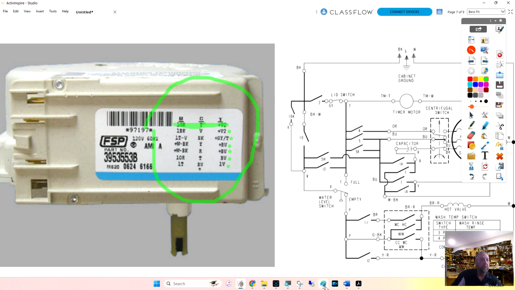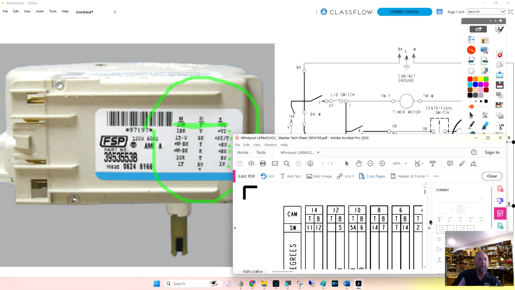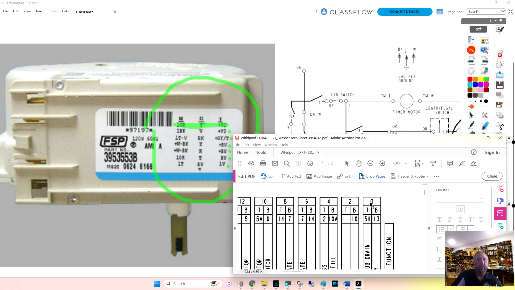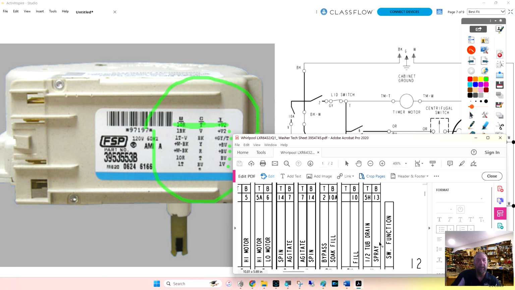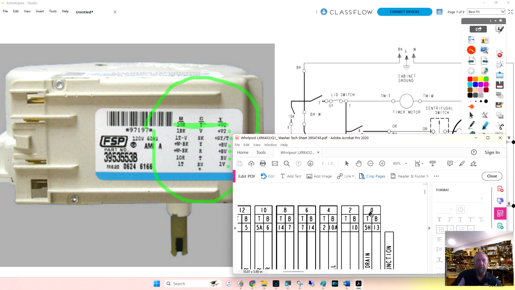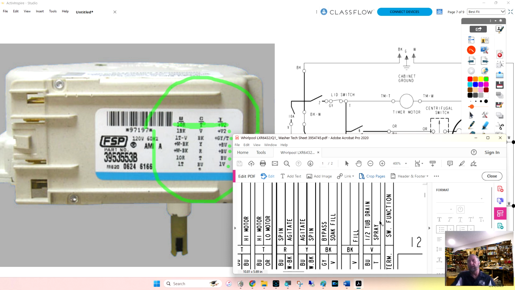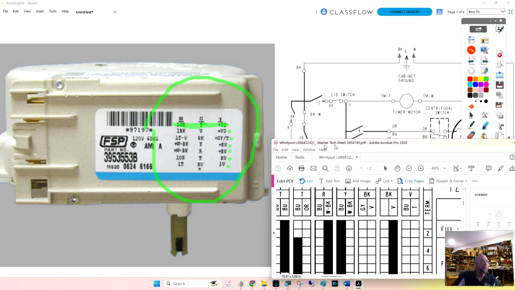Now let's go back to that chart for a second and look at the very first cam here. 0, T, and B, and violet, blue, and tan. So the 0 we'll call violet, T we'll call blue, and B we'll call tan. I'll explain to you what that is in a minute. Which one of these has violet, blue, and tan?